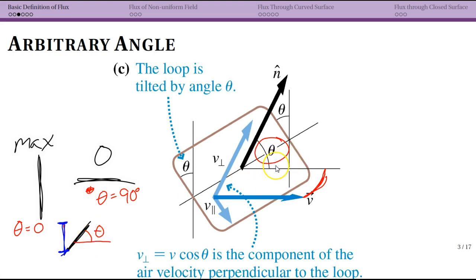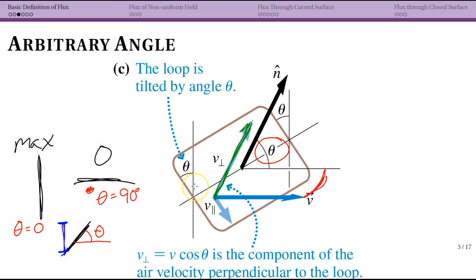In this case, we have the projection of that velocity vector of the air onto the normal vector. So we have some component of the velocity that is perpendicular to the loop, and that's the part of the velocity going through it.